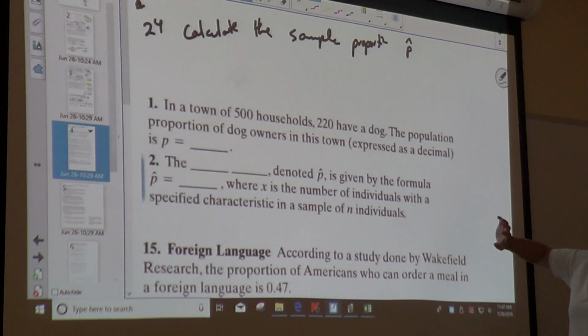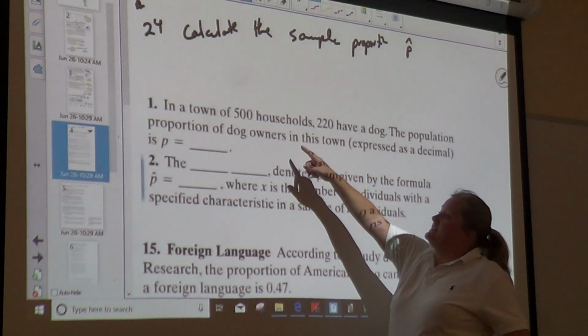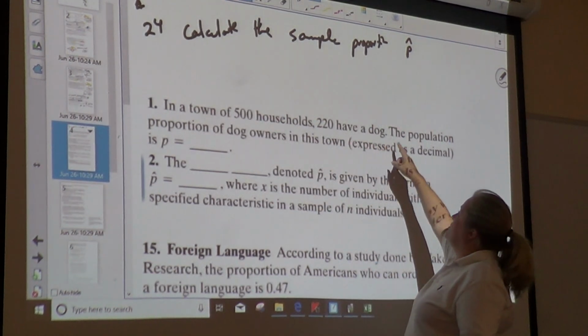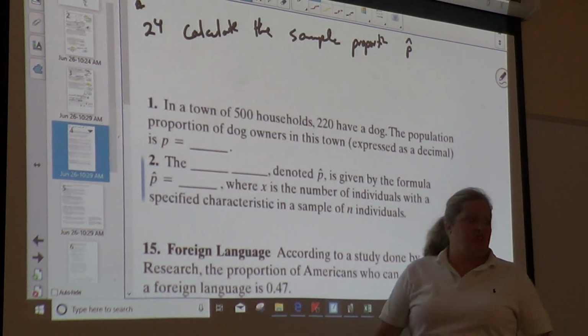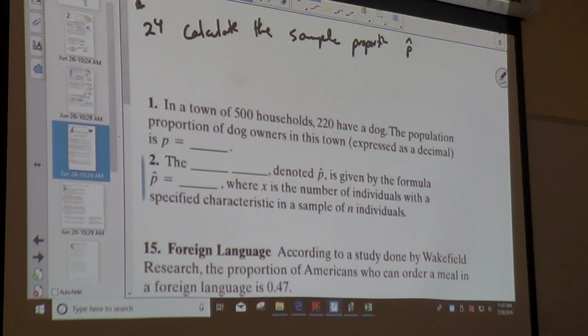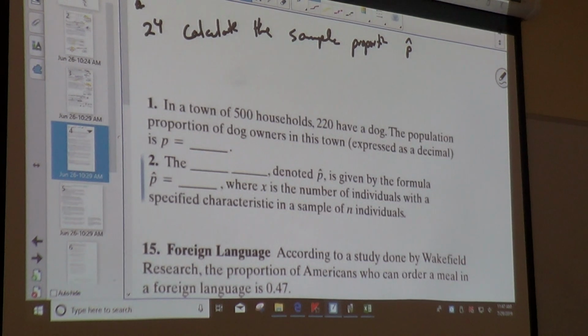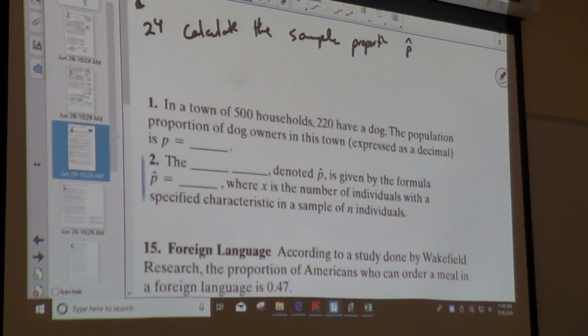X over N. In a town of 500 households, 220 have a dog. The population proportion of dog owners in this town is. How would I do it? What over what? 220 divided by 500.